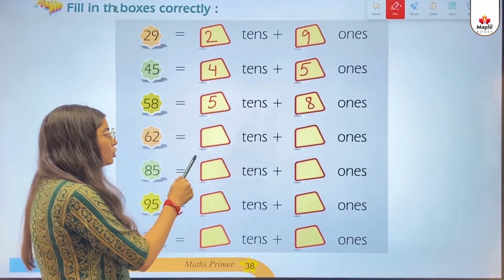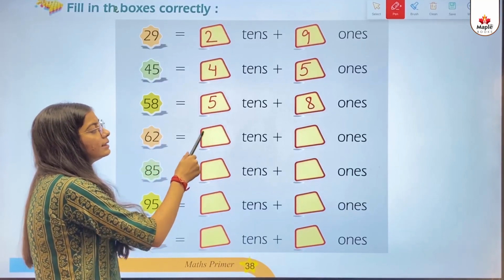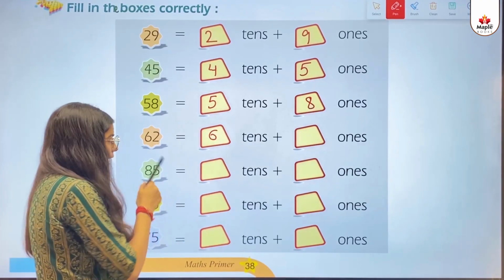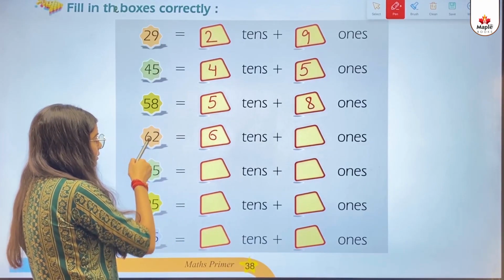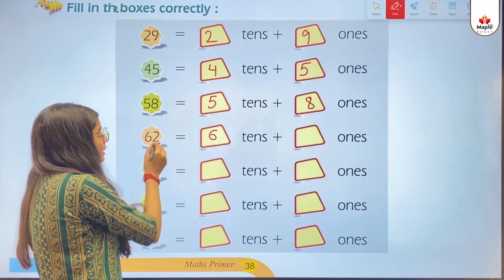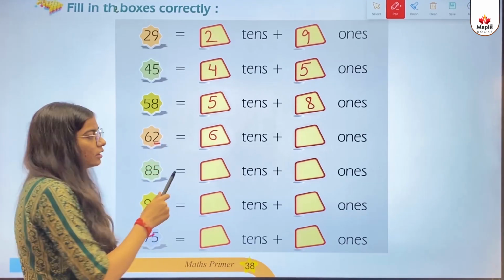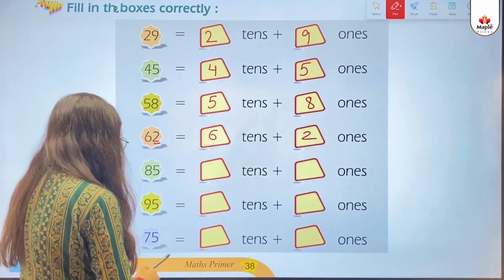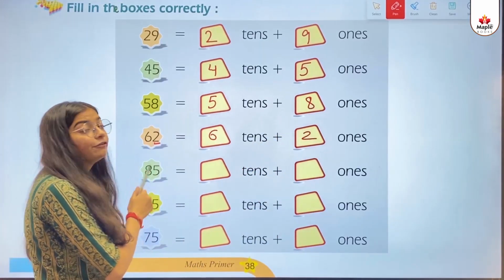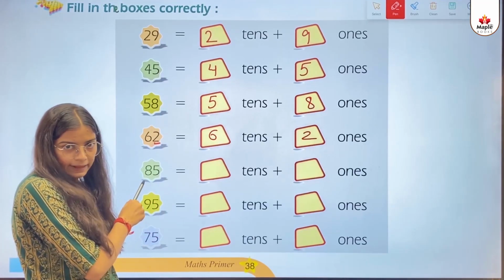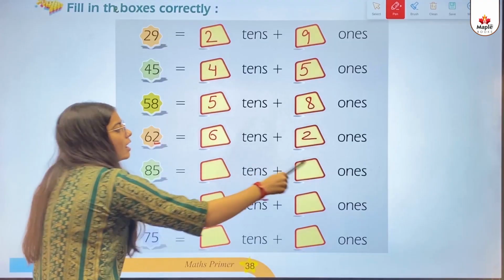Then, what is written here? 62. So, what will we write here? 6 tens. So, 6 here. As you can see, this one is on the tens place and this one is on the ones place. So, 2 is written here. Then, 85. 8 is on the tens place and 5 is on the ones place.